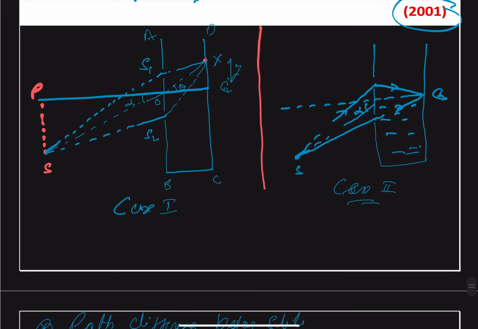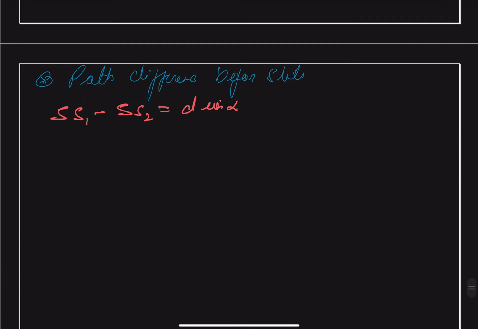So path difference, this will be over after and this will be over before. And similarly, path difference after slits, we can write that our S2A minus S1A will be equal to d sine of theta.